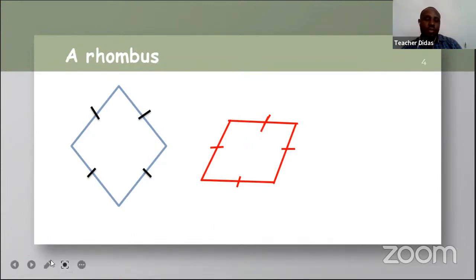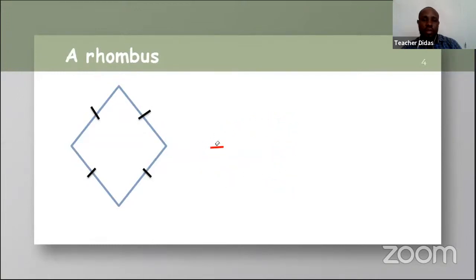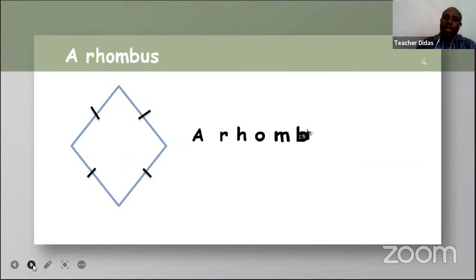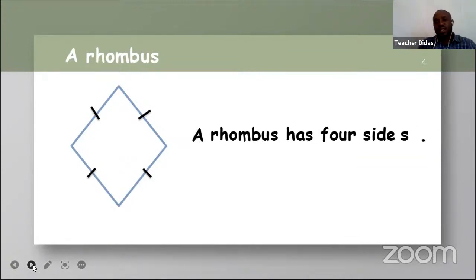Therefore, let's go on and look at the properties of a rhombus. What makes a rhombus to be called a rhombus? When you look at a rhombus, the signs are here. The first one, we said that a rhombus has four sides.